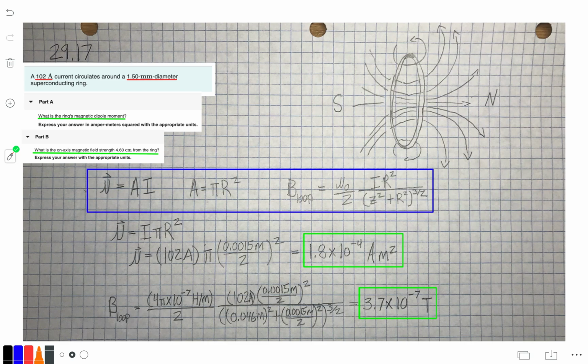And I've gone ahead and recreated one of the drawings in that chapter because I thought it would be helpful for our discussion of the problem. So here we have our ring right here, and although this is the magnetic field lines of a ring, since it is a superconductor in this case, it would look a little different.